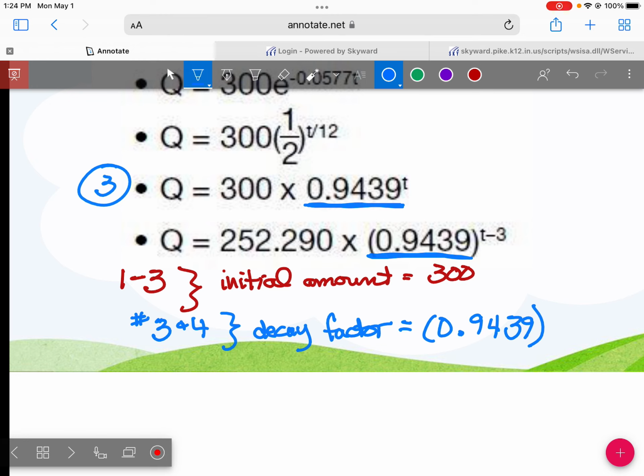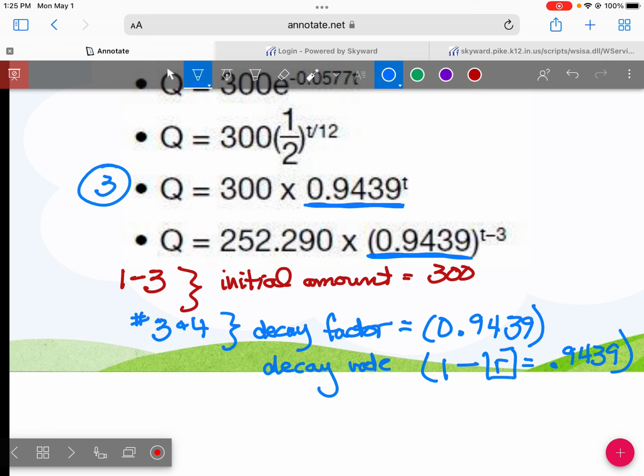If we know that is our decay factor, what else should we be able to figure out? What is our decay rate? How would I figure that out? Remember the factor was 1 minus something, and that gave me 0.9439, right?